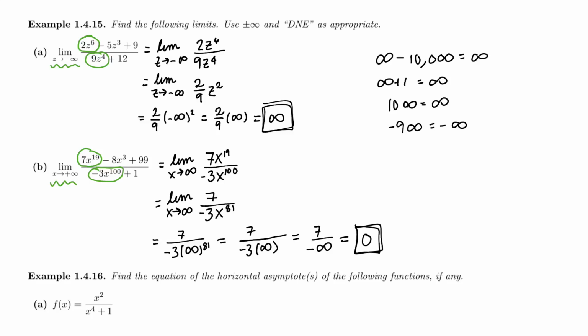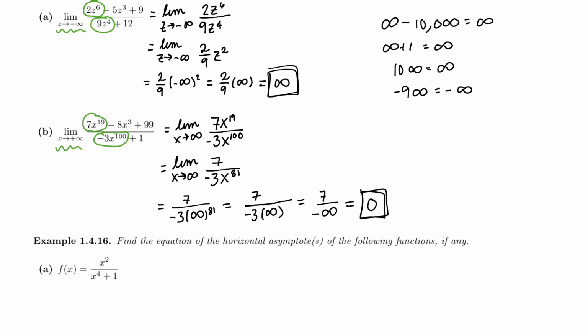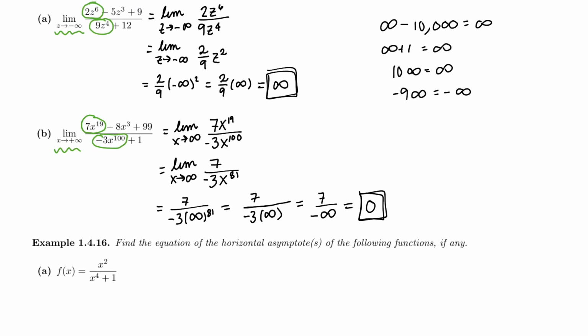Can I answer questions on either of those examples? So the question is, when it's negative infinity, do you always get 0? Yep. So if it's 7 over positive infinity, 0. If it's 7 over negative infinity, 0. If it's negative 7 over infinity, 0. I mean, you could look at it as being negative 0, but negative 0 would just be 0.